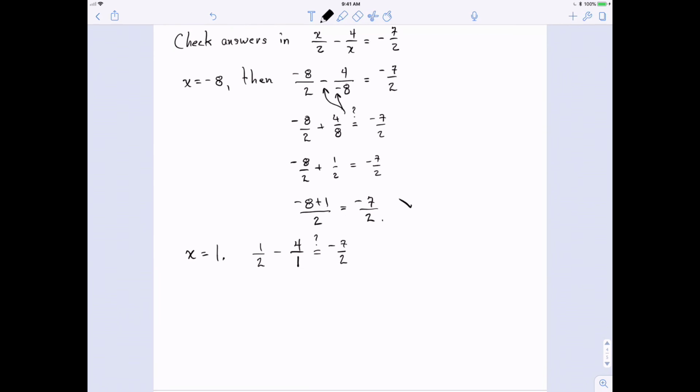I need a common denominator, so I'm going to have 1 half minus, let's make this 8 over 2. This becomes 1 minus 8 over 2, which, sure enough, equals negative 7 over 2.